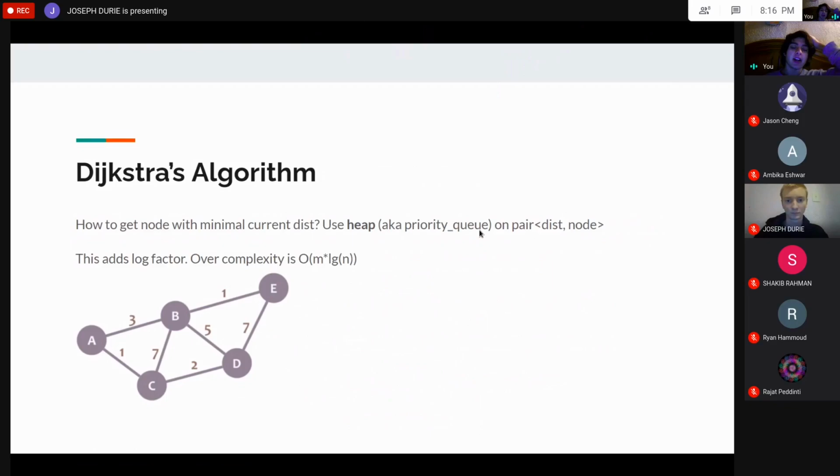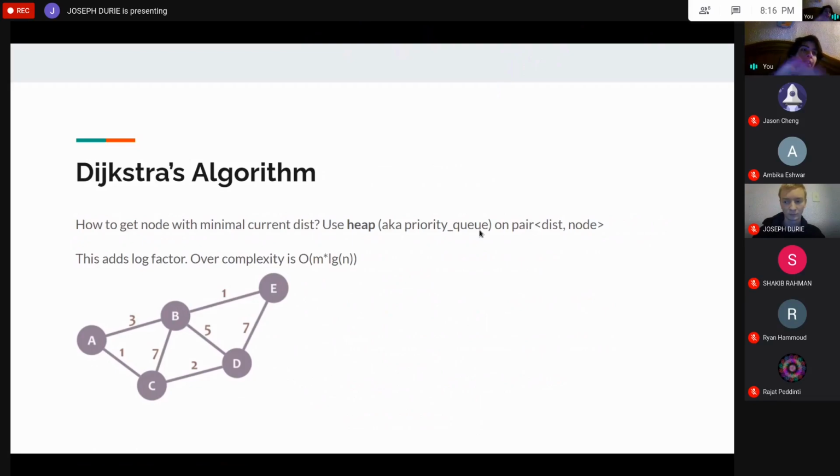And each iteration we do two things. We first find the minimal guy, and if we're just looping, we're doing a loop for that. That would take O(n) steps. Then we look at its neighbors, right? And then we mark it as visited. So we only process each node once because we're marking it as visited, and then at each step we only look at each of its edges once.